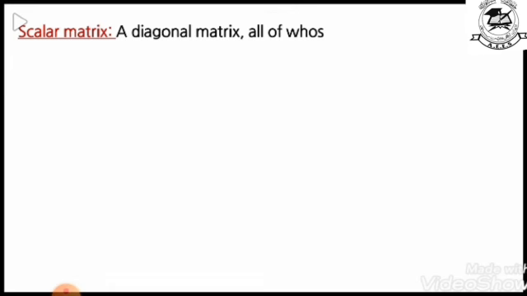Scalar matrix. A diagonal matrix, all of whose diagonal elements are equal. Means we have a diagonal matrix and it has the same element on the diagonal and all others are zeros. Next is null matrix or zero matrix.